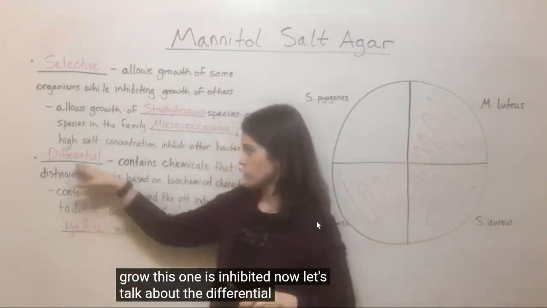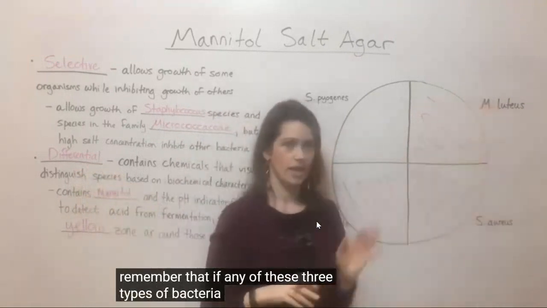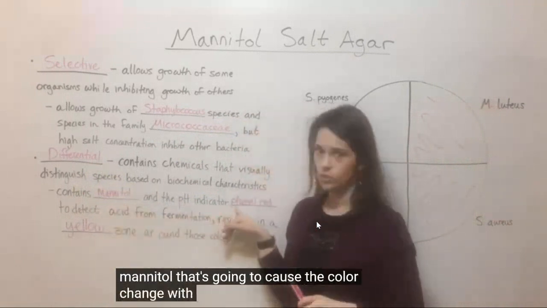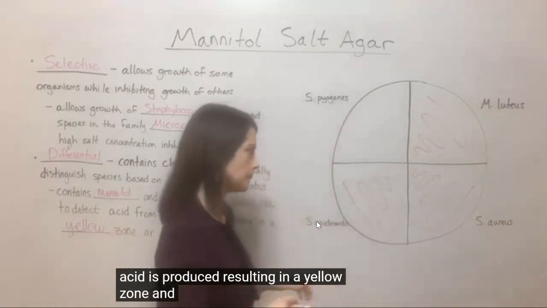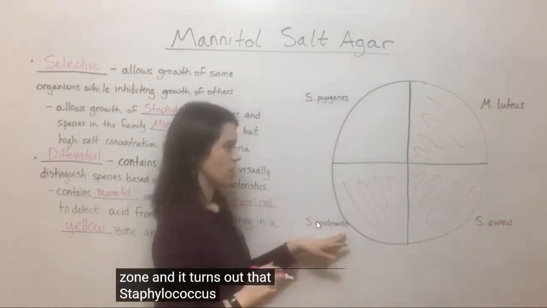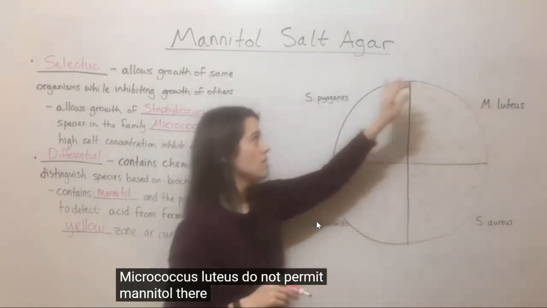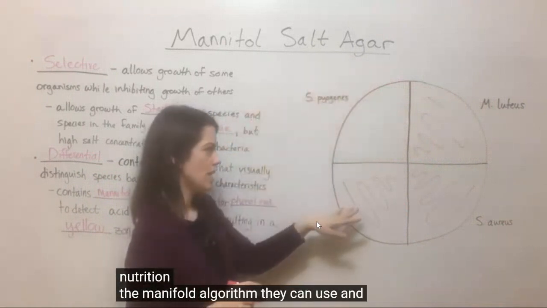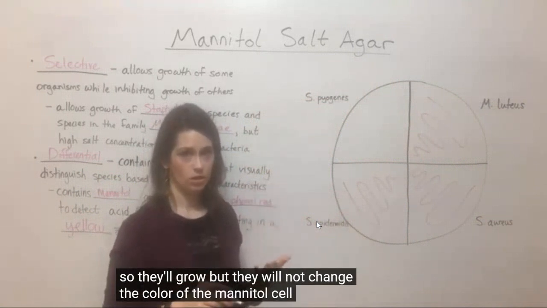Now let's talk about the differential portion. Remember that if any of these 3 types of bacteria can ferment the mannitol, that's going to cause the color change with the pH indicator when the acid is produced, resulting in a yellow zone. And it turns out that Staphylococcus epidermidis and Micrococcus luteus do not ferment mannitol. There are other sources of nutrition in the mannitol salt agar that they can use, and so they'll grow, but they will not change the color of the mannitol salt agar.